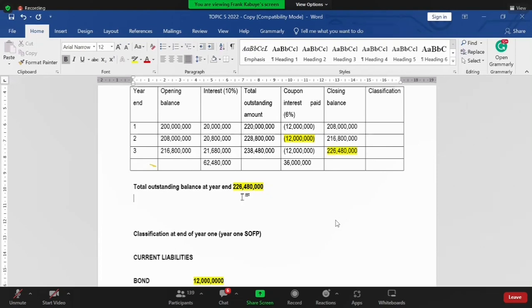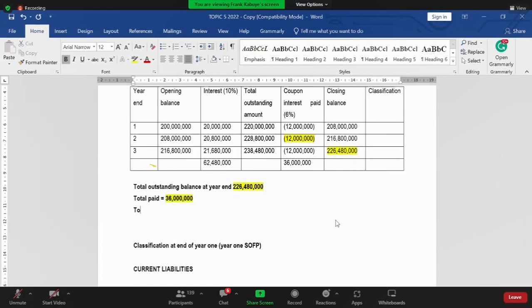Total paid is 36 million. Then total interest is 62,480,000, like that.